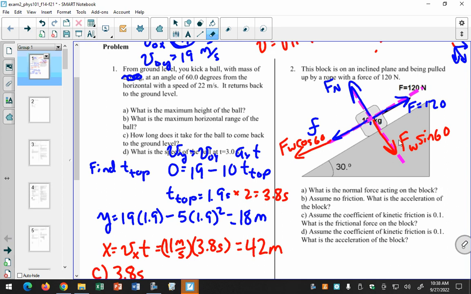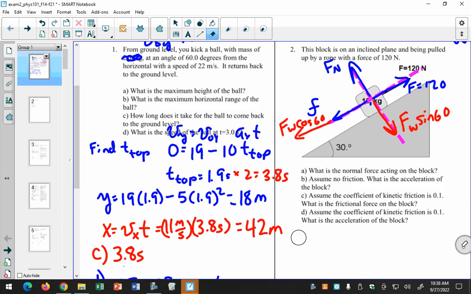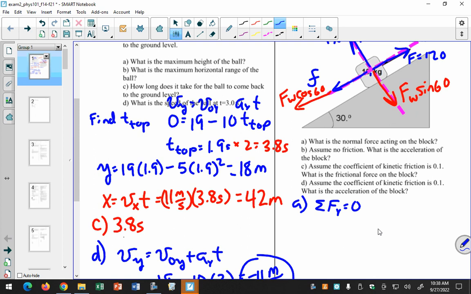But to find the normal force for part A, probably going to have to do something like this. I mean, you will have to find the normal force, but it may or may not be a question. Because the normal force is on the y-axis, I say the sum of the forces in the y direction is 0. For the inclined plane, it's always 0, right, because it doesn't move off of the surface. That's one of the advantages of having that rotated coordinate system. So the sum of the forces in the y direction is 0.